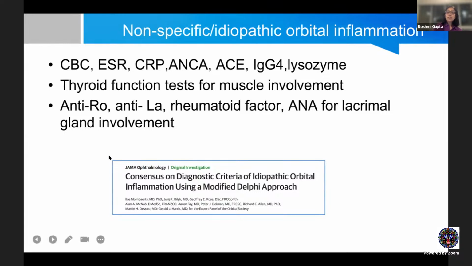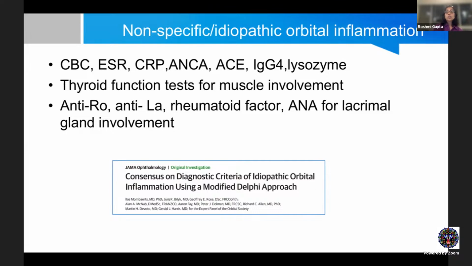Particularly significant is the ANCA with ELISA, and ACE, IgG4. If any of these are positive, automatically your idiopathic orbital inflammation is a no-starter. If there's muscle involvement, if the recti are involved, then we do have to do thyroid function tests.